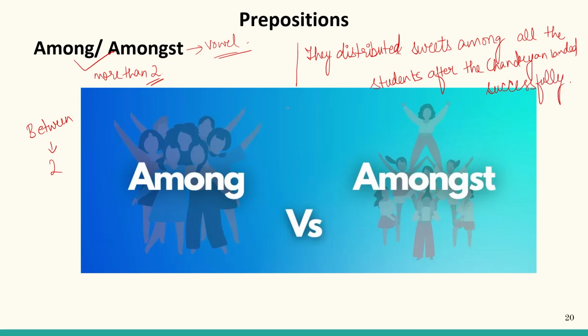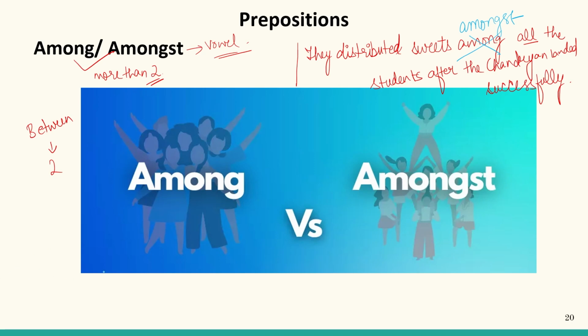So here in this sentence, we have used the word all. Well, all begins with a vowel. Therefore, here among should be replaced with the word amongst. Now the correct sentence will be: they distributed sweets amongst all the students after the Chandrayaan landed successfully.